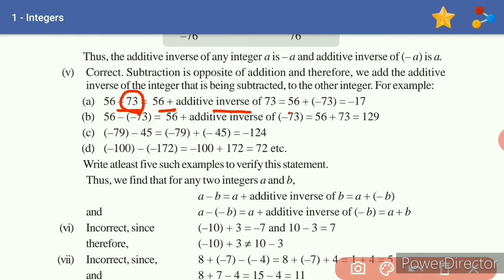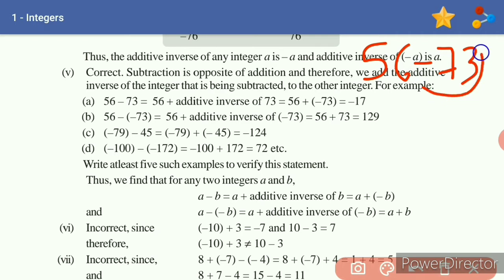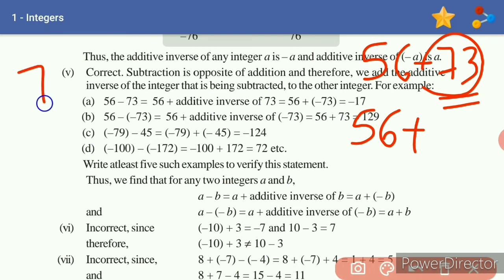We want to subtract this number, but instead of subtracting, we add the additive inverse of 73. Our number is 73, and the additive inverse of 73 is minus 73.